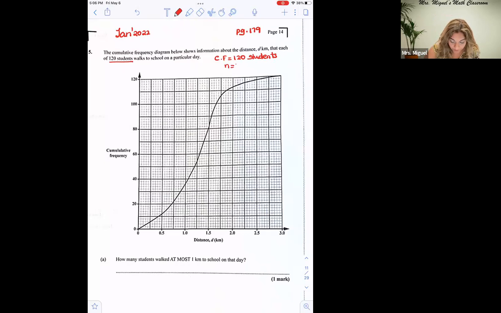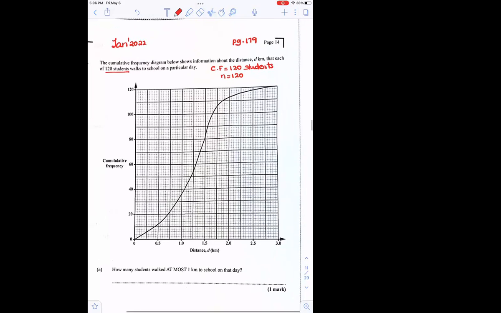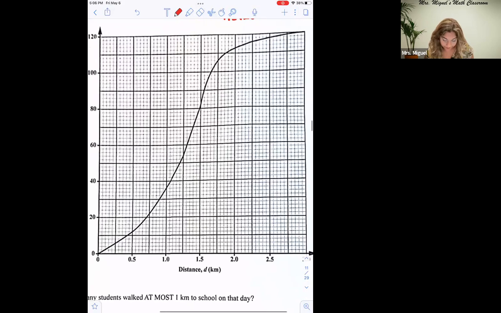So N is 120. 120 students walk to school on a particular date. So let me know when you are finished writing it. Finished, Miss.